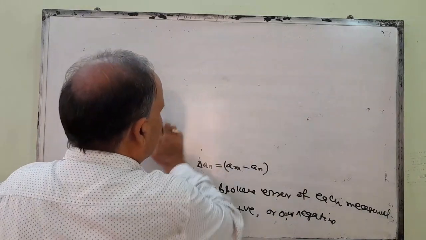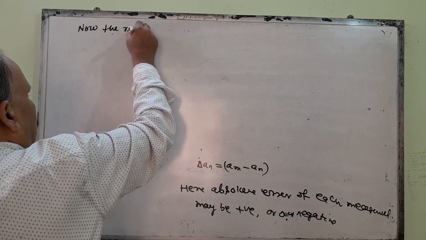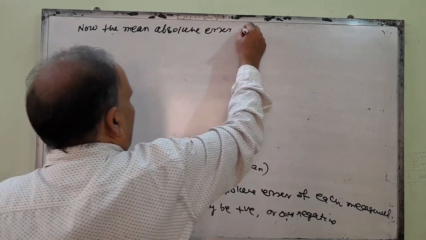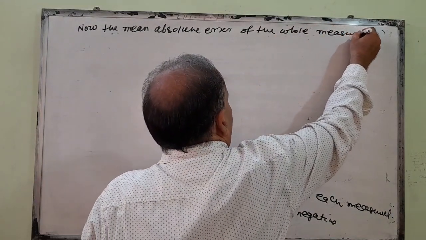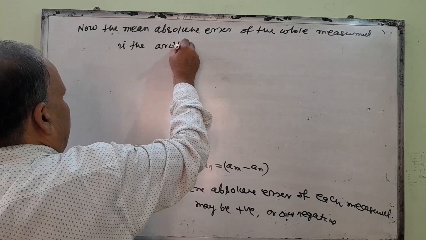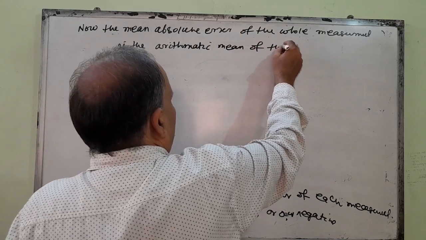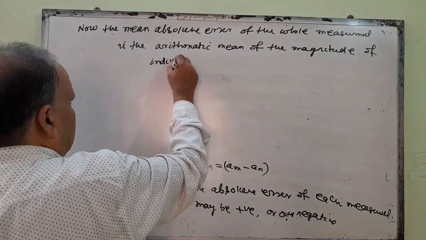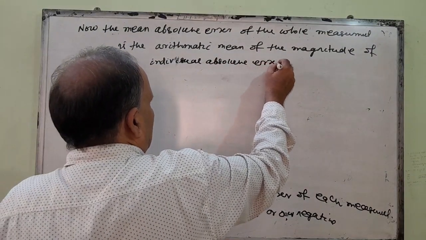Now, the mean absolute error of the whole measurement is the arithmetic mean of the magnitude of individual absolute errors.